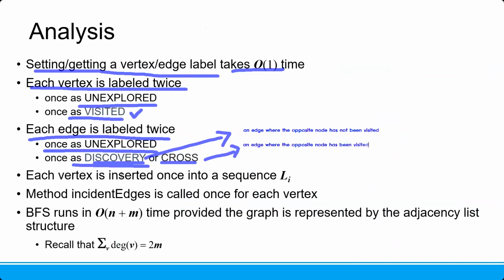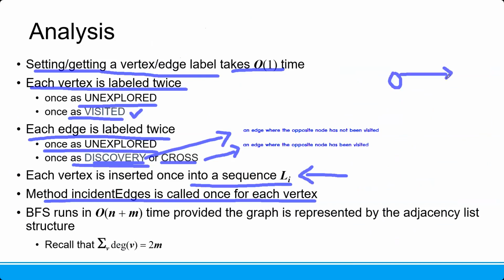Each vertex is inserted once into the sequence L. Once you visit a vertex, it is inserted one time in L. The method incident edges is called once for every vertex. So if a vertex is visited, you call it one time.